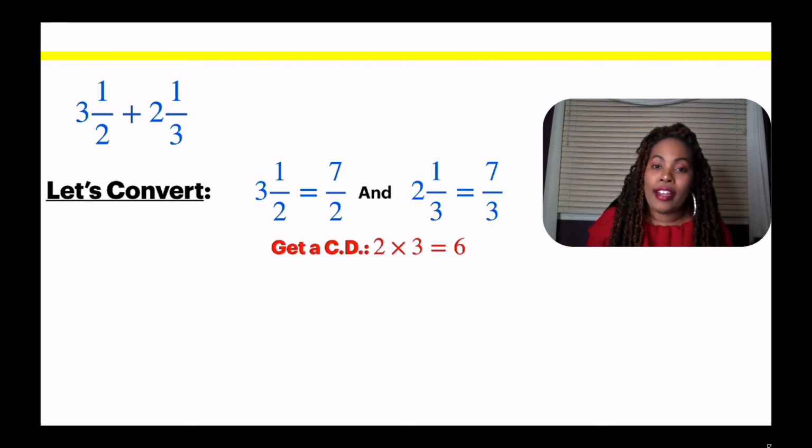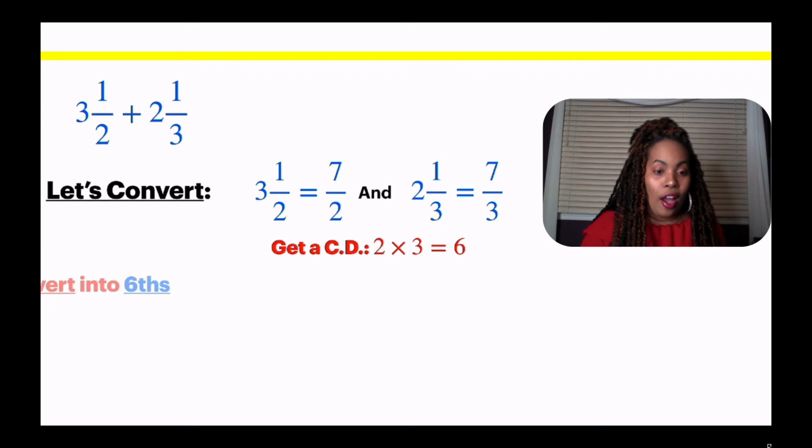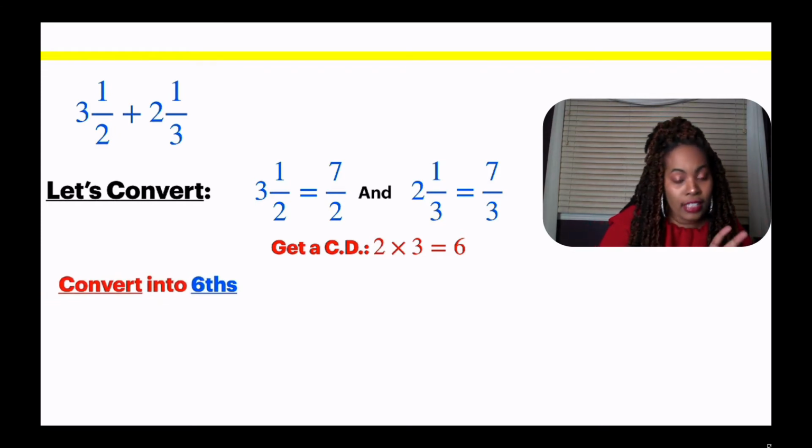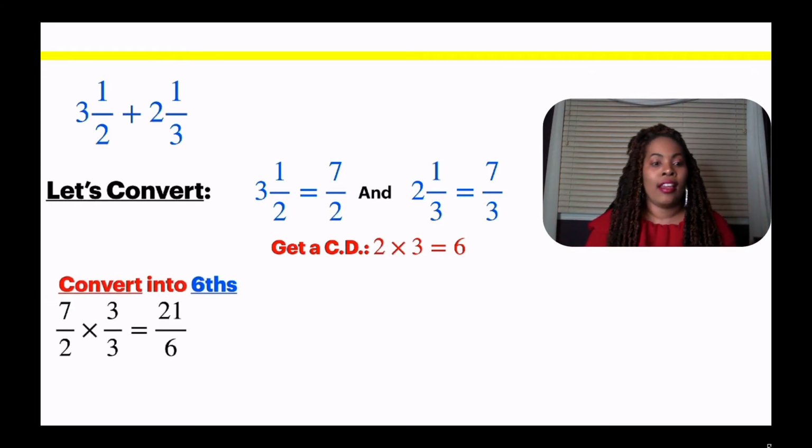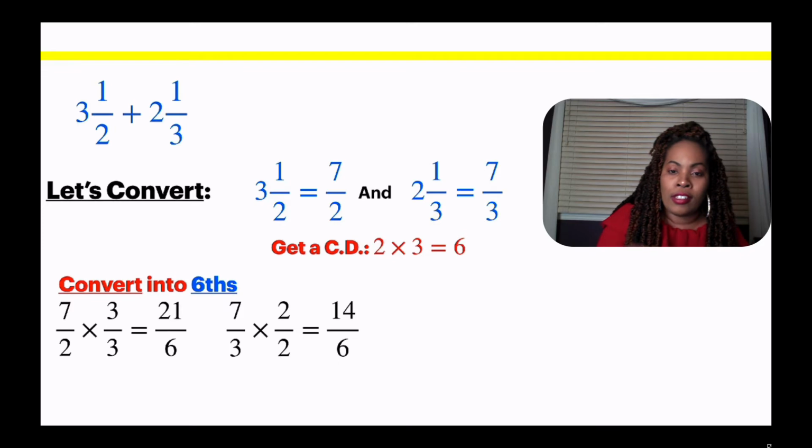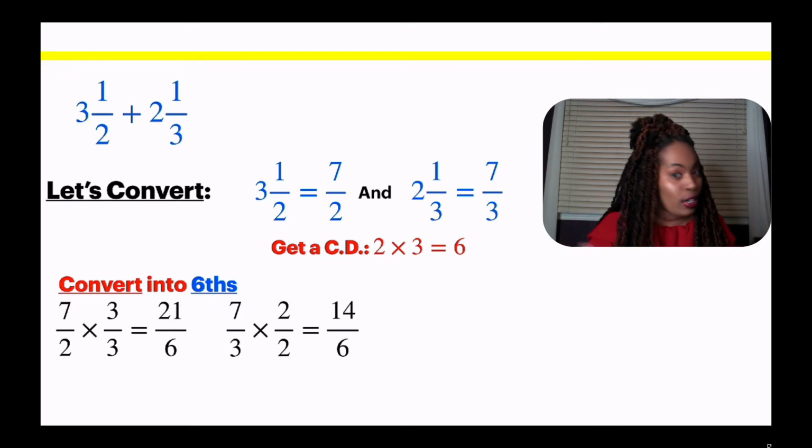In order to find a common denominator, we're going to do 2 times 3 because we're multiplying the denominators by one another, and that equals 6. So that's the denominator we're going to work with. Let's convert the rest of our fractions now into sixths. 7/2 times 3/3 is 21/6. And then we have 7/3 times 2/2, and that's 14/6.